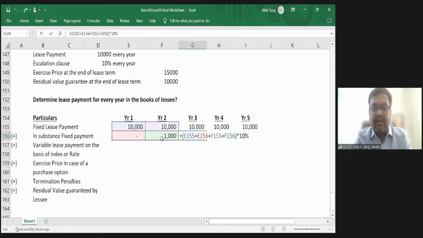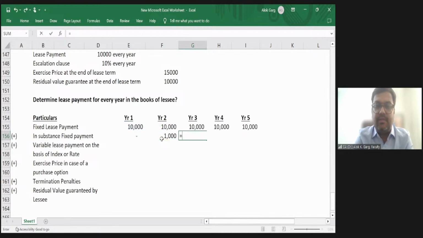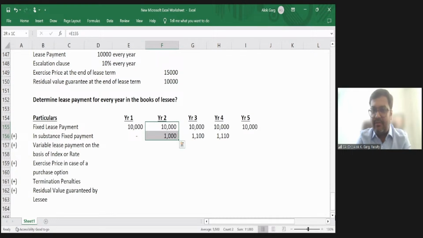It should be last rental into 10%, so it will be increased by 1100. In the next year, again, it will be increased by 1110. So this 1100 is the increase.